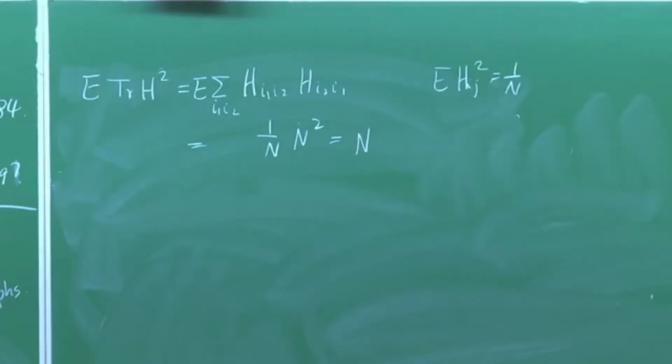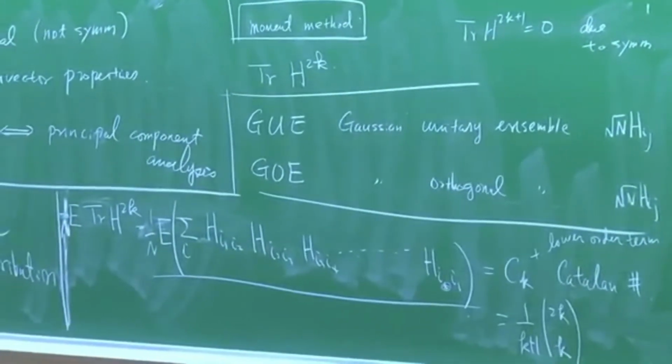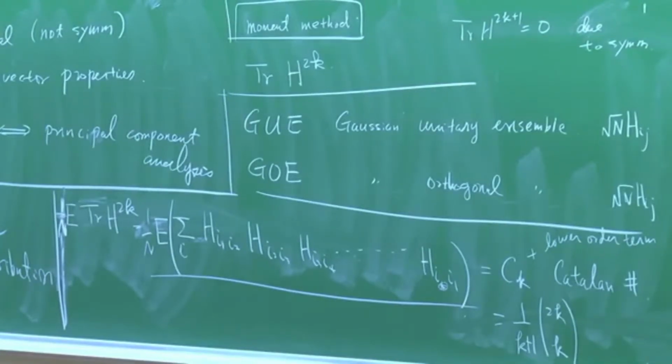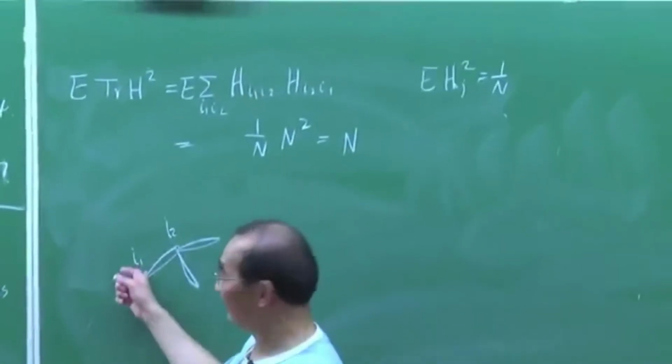This 1 over n is because I start from i1 and I go to i2, and then in all these Catalan number calculations, the trouble is that I also sum over i1.